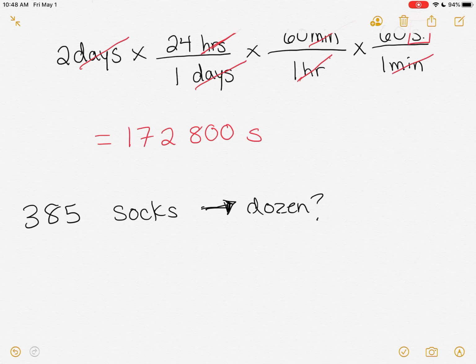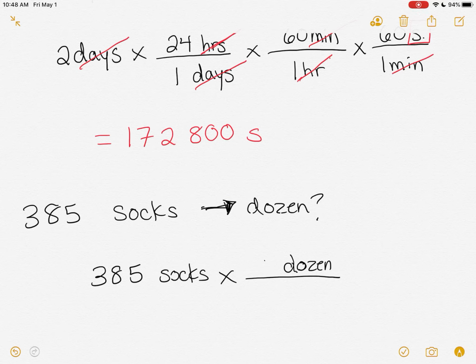So I'm going to convert from having 385 socks to figure out how many dozens of socks that happens to be. So I'm going to start with my 385 socks. And I'm going to multiply by this conversion factor. Now I want dozen. So 1 dozen means 12 socks.